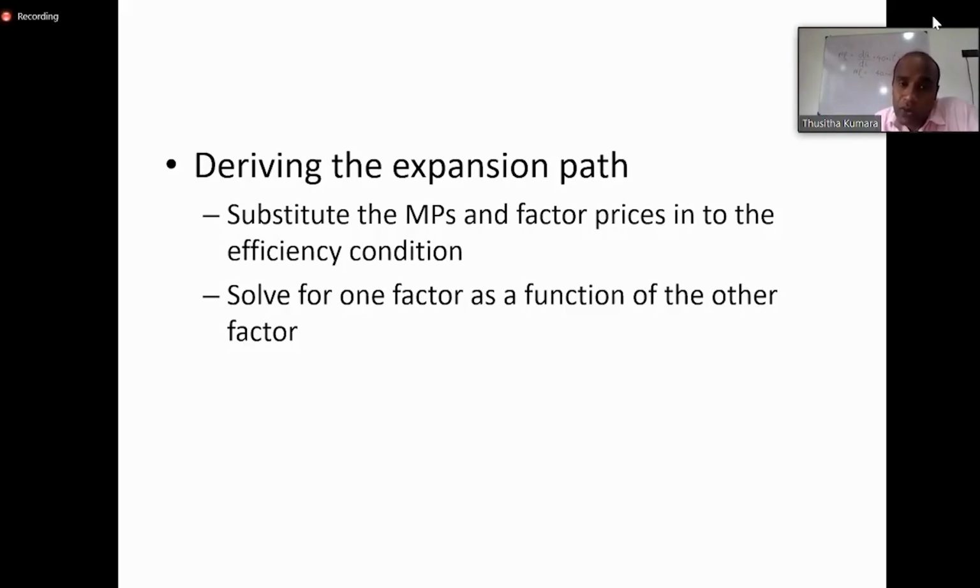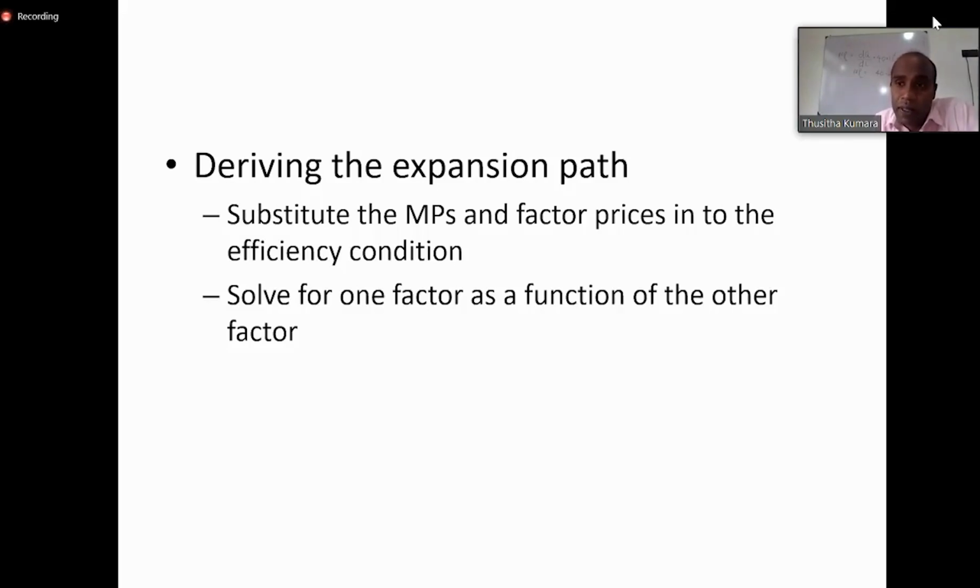So what we need to do, once we know the condition at the optimum output level, that is MRTS equal to W by R, we can substitute the marginal products and the factor prices into the efficiency condition.